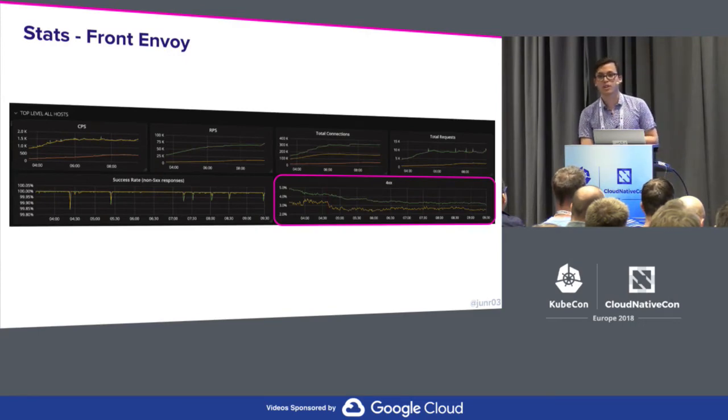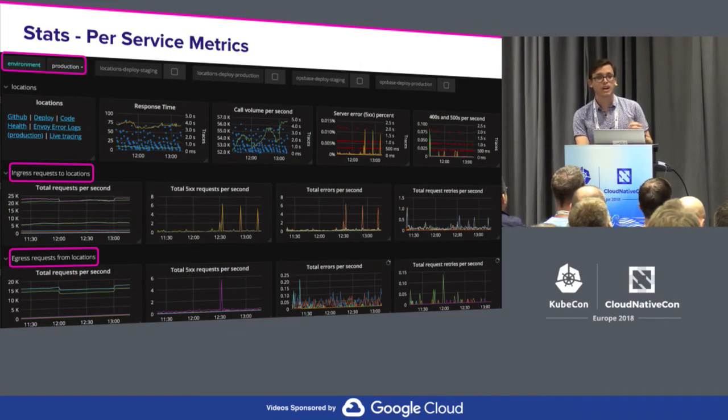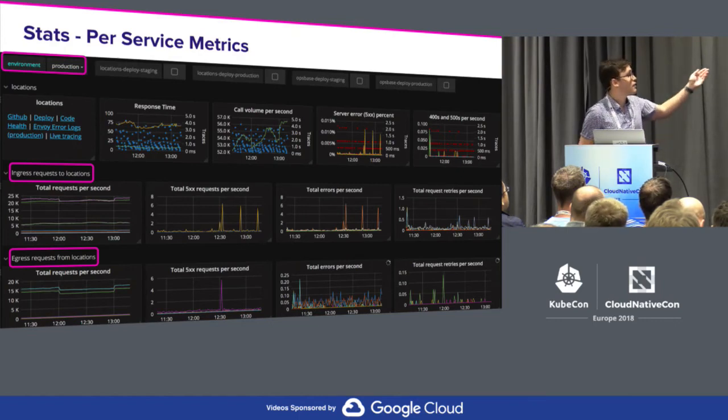So for the example that I was talking about before with a new public route, you might be interested in the level of 400s that you're seeing as you're deploying a new route. And lastly, every single service at Lyft gets a dashboard for free with a bunch of macros that show a lot of the networking layer. So here, what might be important is that if you're creating a new public route for your service, you want to see traffic hitting into the service as the configuration is rolled out.